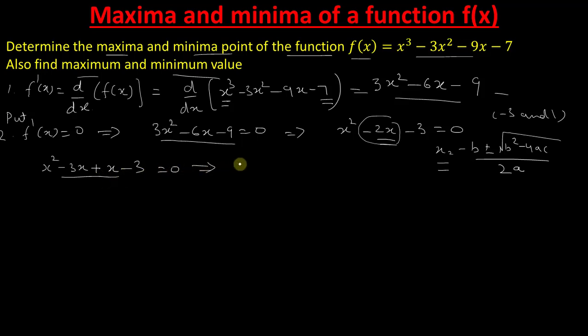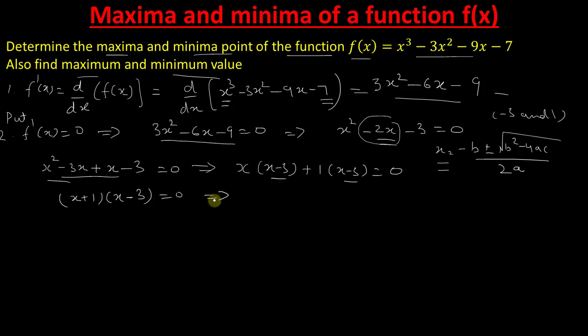Now x is common from the first two terms, giving x(x − 3), plus 1 common from the last two, giving 1(x − 3) = 0. Now x − 3 is common, so (x + 1)(x − 3) = 0.